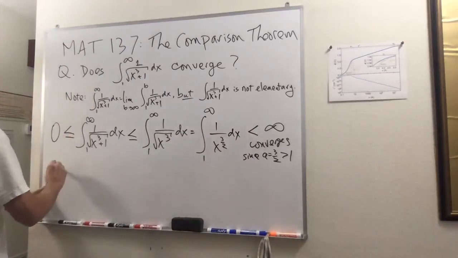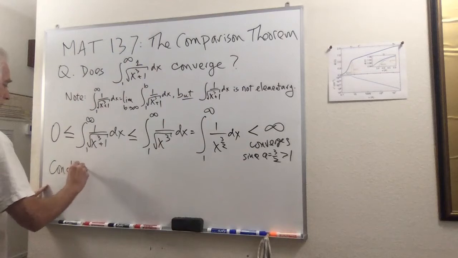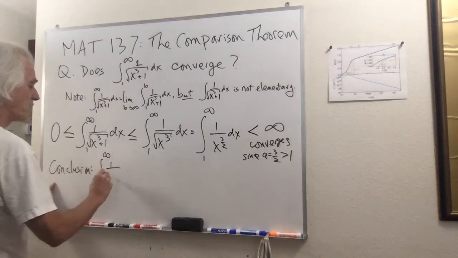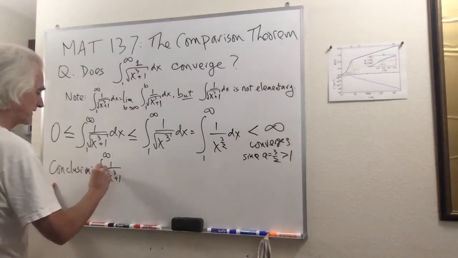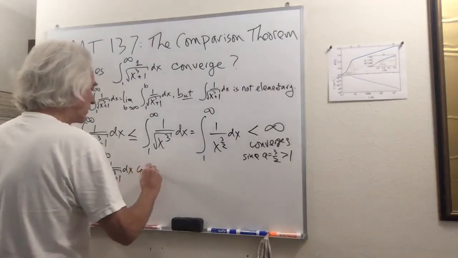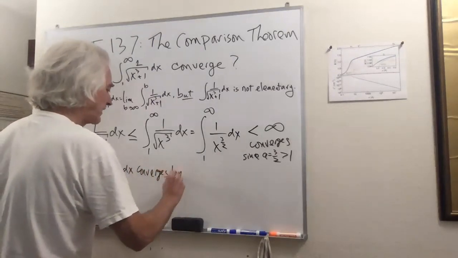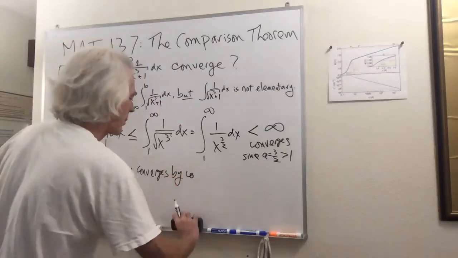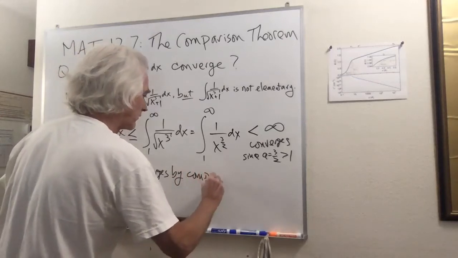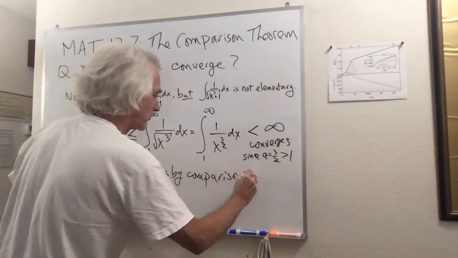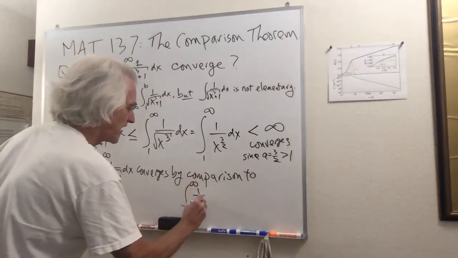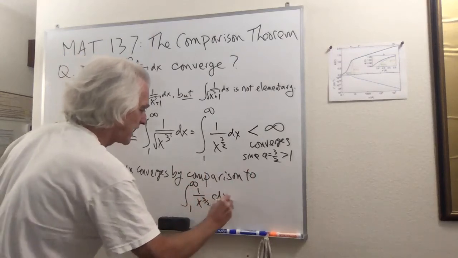Okay, so the conclusion is that the integral from 1 to infinity of 1 over the square root of x cubed plus 1 dx converges by comparison to the convergent integral from 1 to infinity of 1 over x to the 3/2 dx.